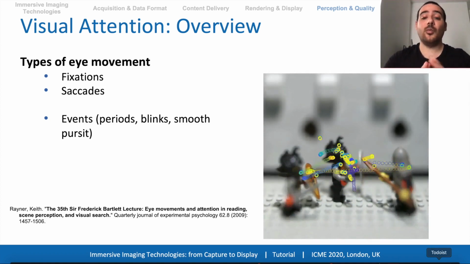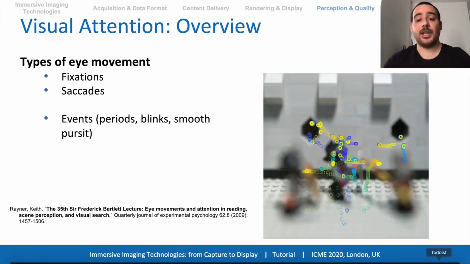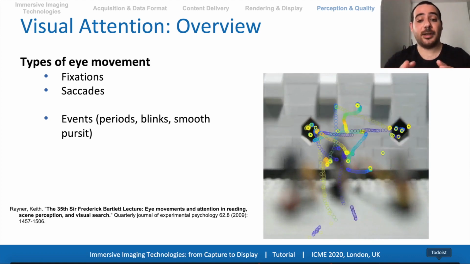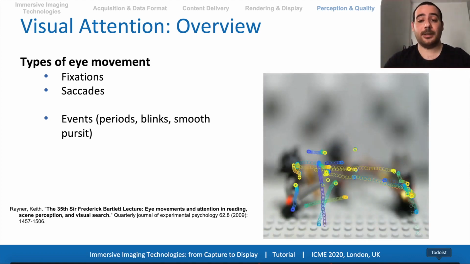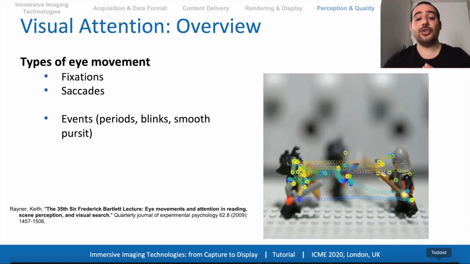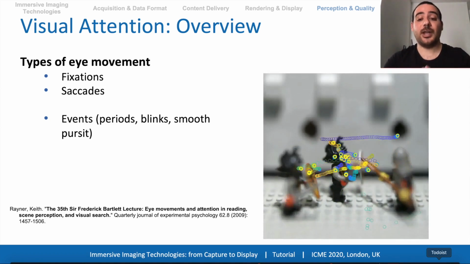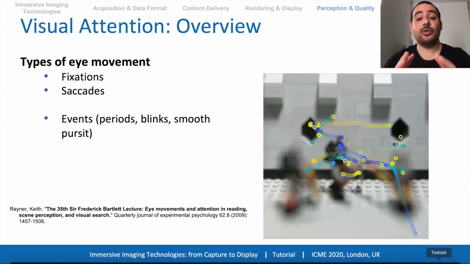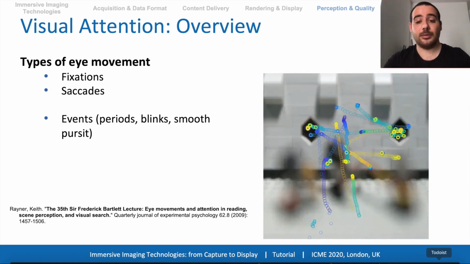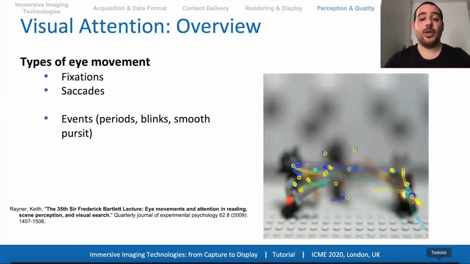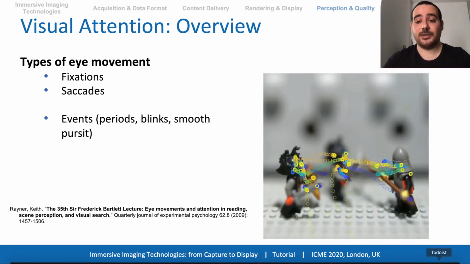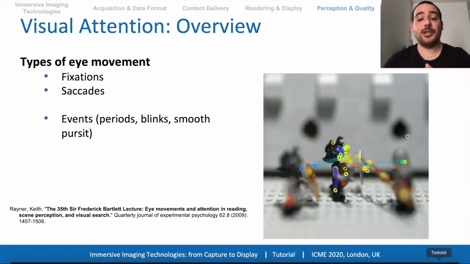Because of the fast movement during a saccade, the image on the retina is of poor quality. Important visual information collection happens mostly during the fixation period. Therefore, we only use fixations to obtain the visual attention map.